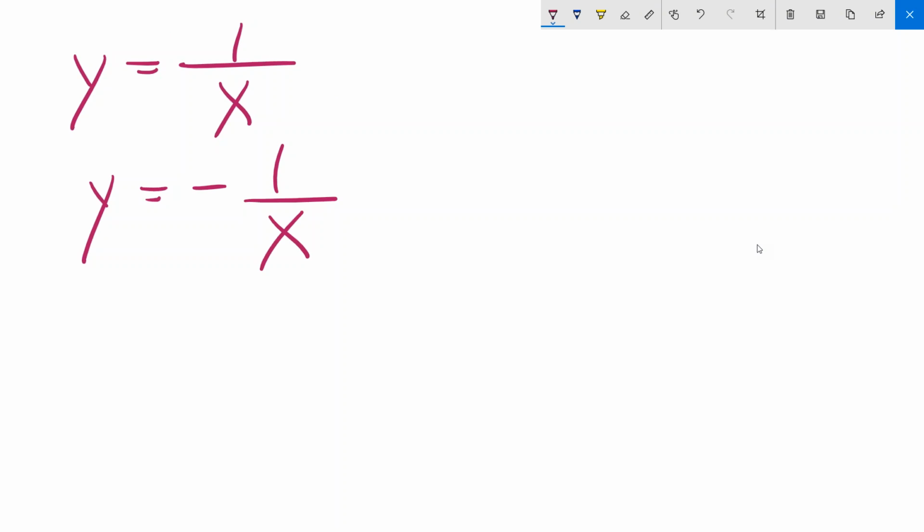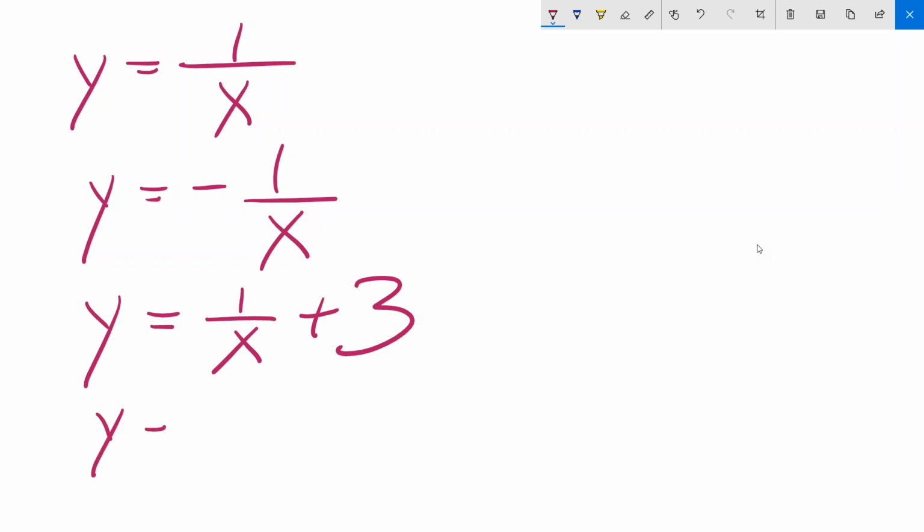That would be a vertical reflection. This would be a translation of it. That would be a vertical shift. This would be a translation of it. That would be a horizontal shift to the right of 2 units. But this is not a translation of it.